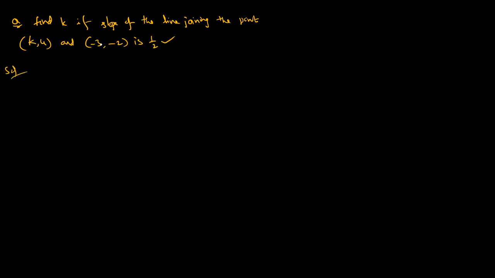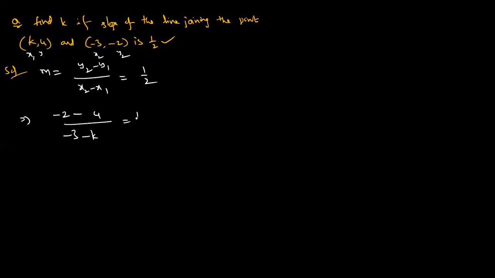How to solve? Dear students, what is slope? How to find? y2 minus y1 by x2 minus x1. That is 1 by 2, given. So as usual, x1 y1, x2 y2. So y2 minus y1, minus 2 minus 4 by minus 3 minus k is equal to 1 by 2. So 6 by 3 plus k, minus is cancelled.